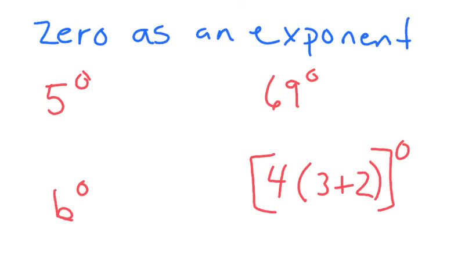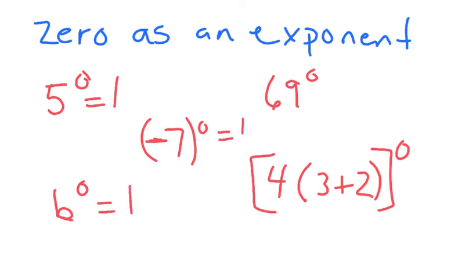Okay, you can actually have 0 as an exponent. 0, I think, as an exponent is really fun because everything, even negatives, let me include a negative example right here in the middle. Even negative exponents to the 0 power, you always get the same answer. 5 to the 0 is 1. B to the 0 is 1.